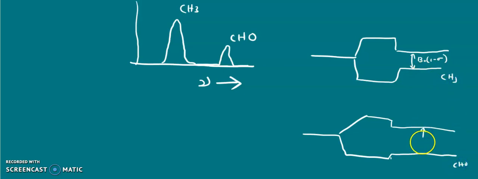So this is B0 into 1 minus sigma of CHO when we keep frequency fixed. So for the CH3 group, the resonance occurs at a lower frequency compared to the CHO group.